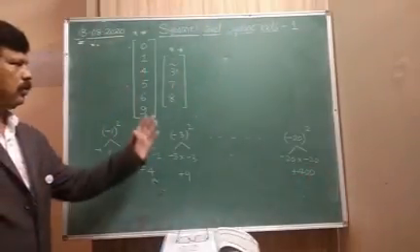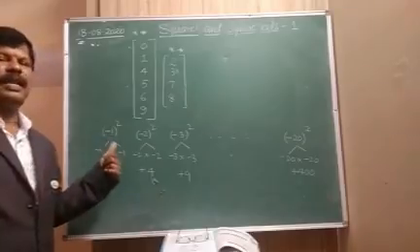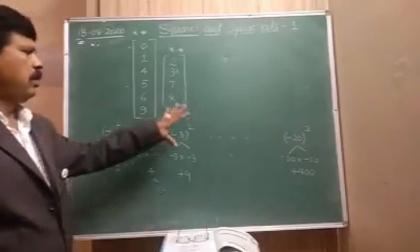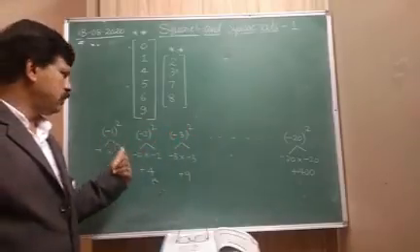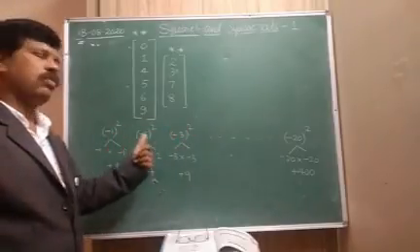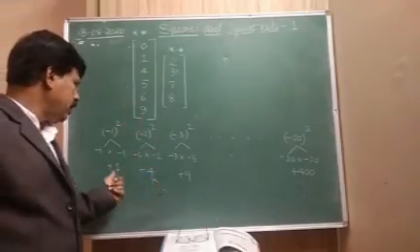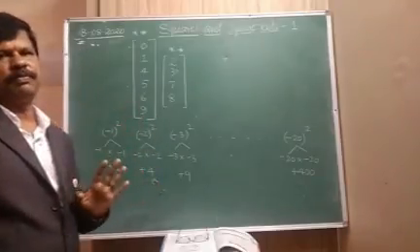Clear? So this is the negative integer. Now, after observing these two, positive squared and negative squared, what is the conclusion? That means the answer is always positive.